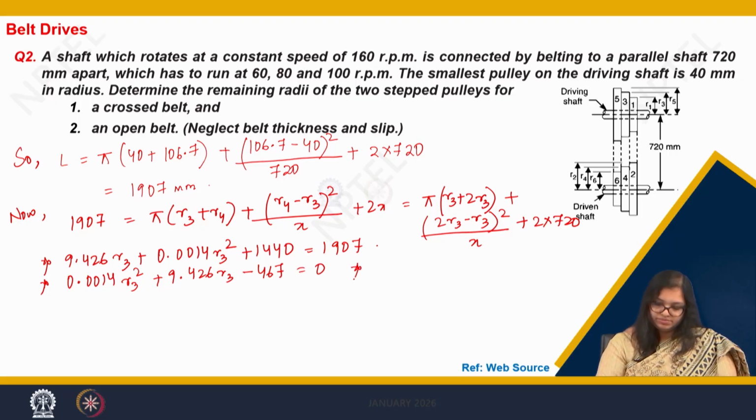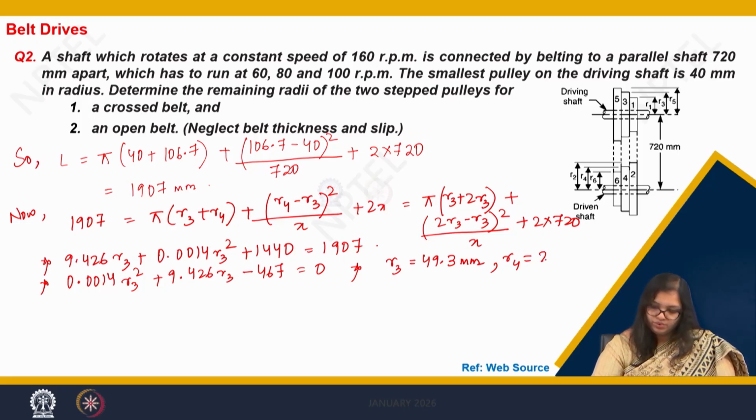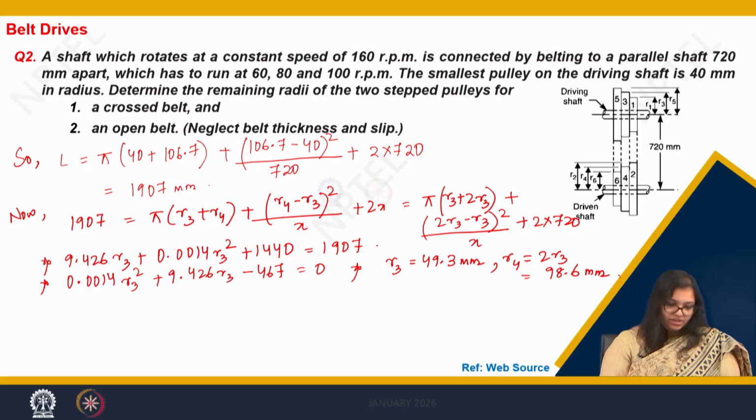So after solving, my R3 is equal to 49.3 mm and my R4 is equal to 2R3, which is equal to 98.6 mm.